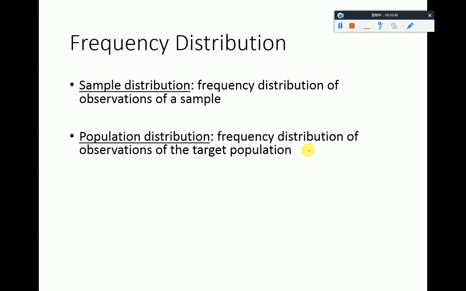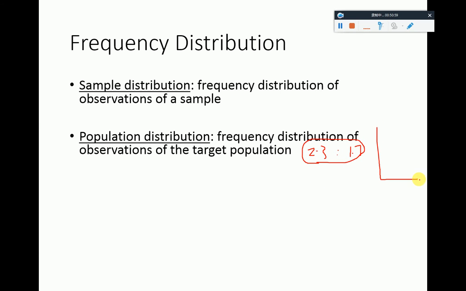For example, I said in the population, the ratio between men and women is 2.3 over 1.7. So that's essentially a distribution, right?